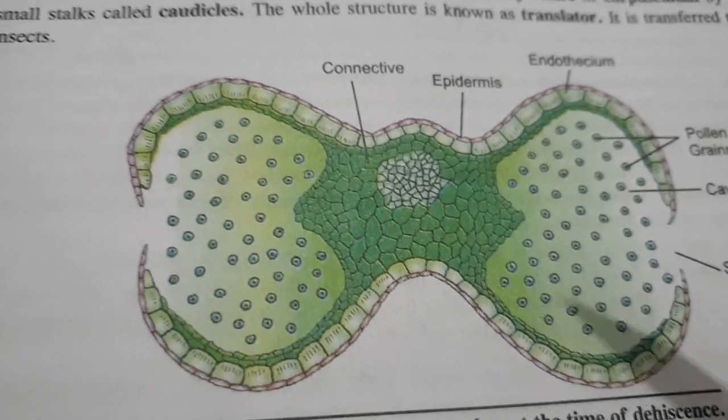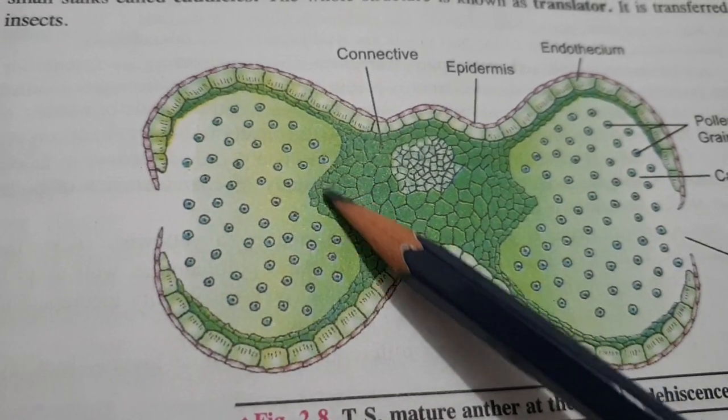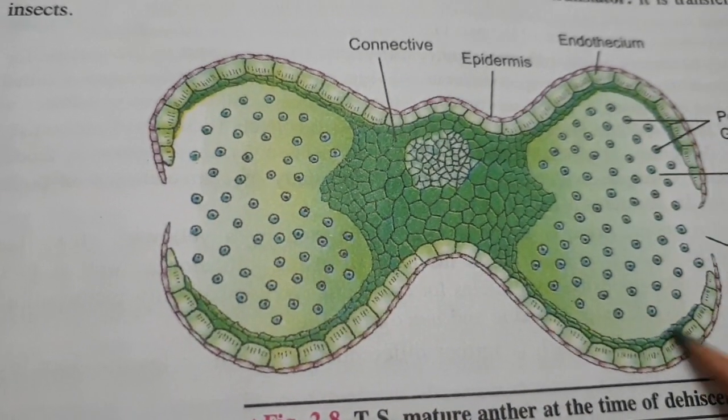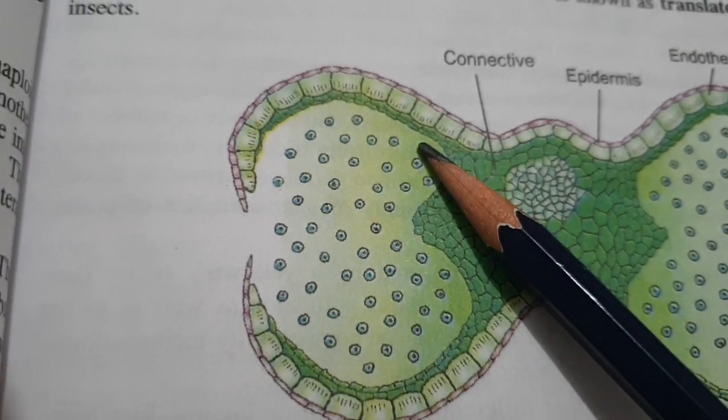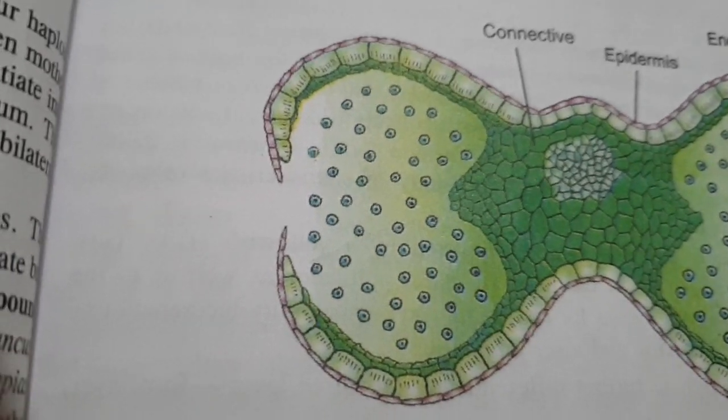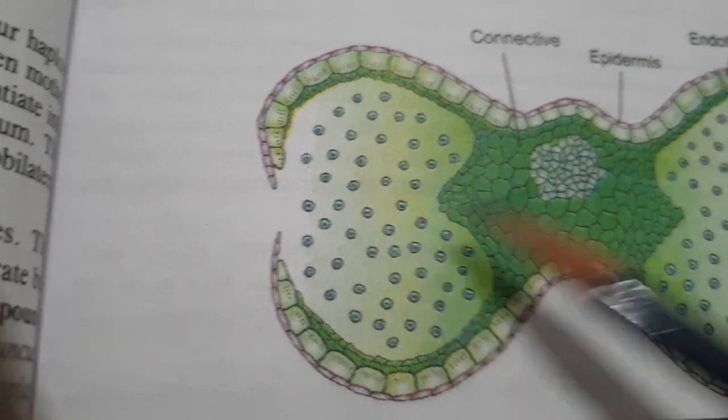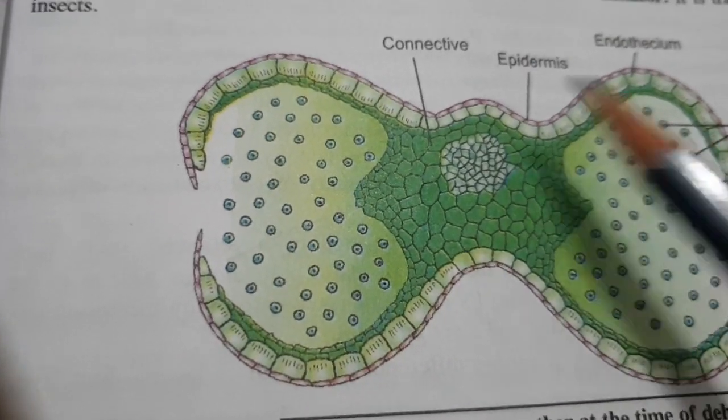When they are full, the inner tissues disintegrate and gradually the pollen grains are released within the anther.